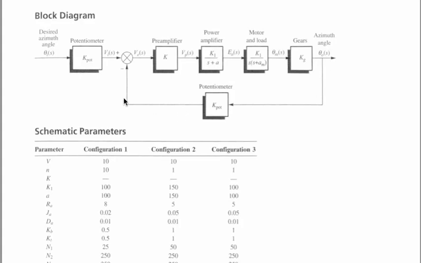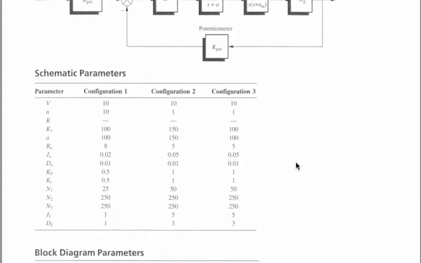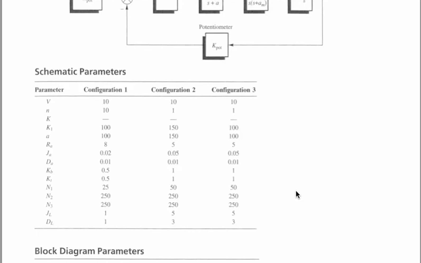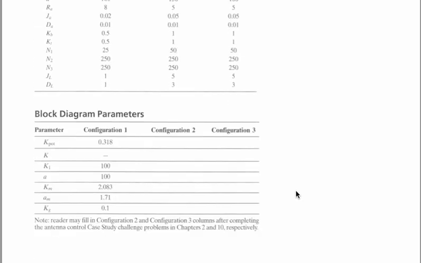Then that's fed back through the potentiometer to a summing point, which is our representation of the differential amplifier here, where the two voltages are compared, giving us what's called an error signal, which drives the system to rest. And here we have a number of different parameters depending on which configuration we wish to use in our system.